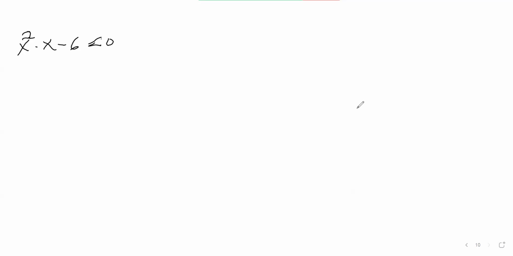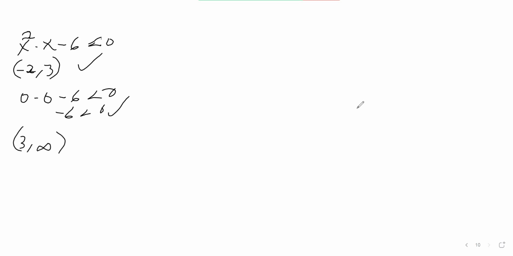So we had tested negative infinity to negative 2 and found it is not in. We test here. Here we can pick 0. 0 minus 0 minus 6 is less than 0. -6 is less than 0. That is true. So that is what you've given for your interval, which is true. Here we can pick 4 and see, 4 squared.